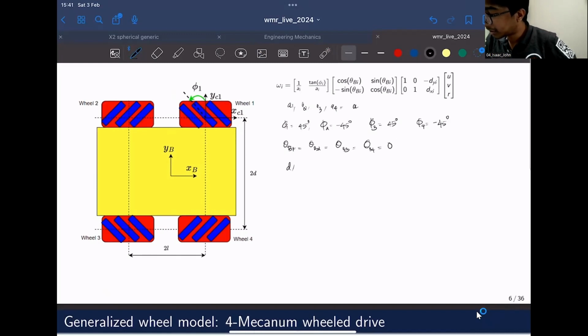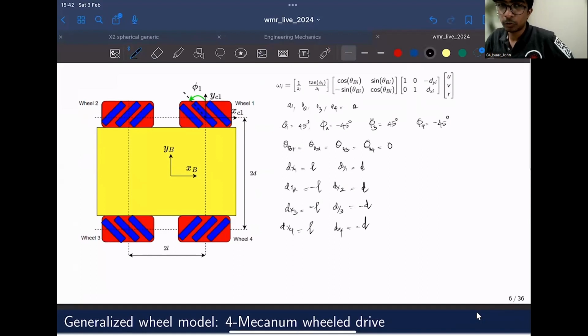And just like in the skid steering robot, we have exactly the same dx and dy parameters: dx1 would be L, dy1 would be D, dx2 would be minus L, dy2 would be D, dx3 would be minus L, dy3 would be minus D, dx4 would be L, dy4 would be minus D.